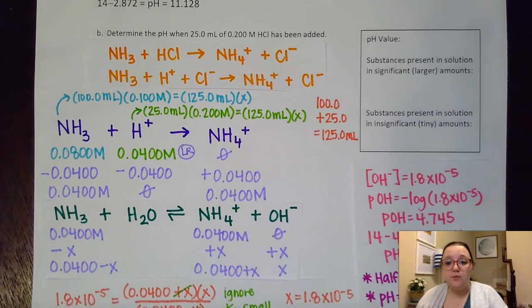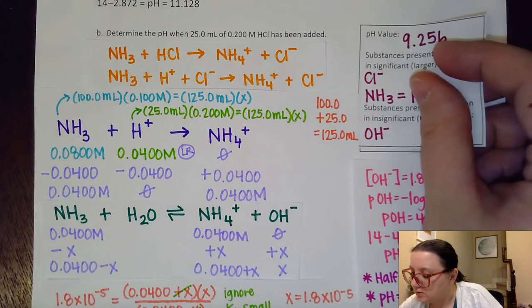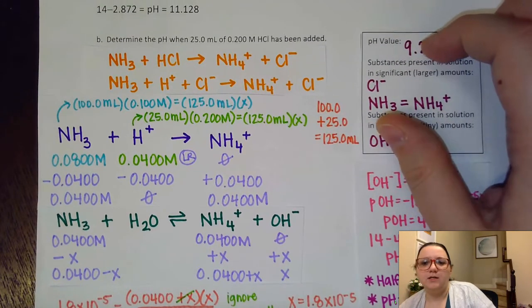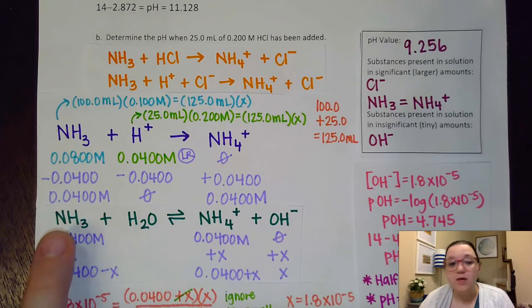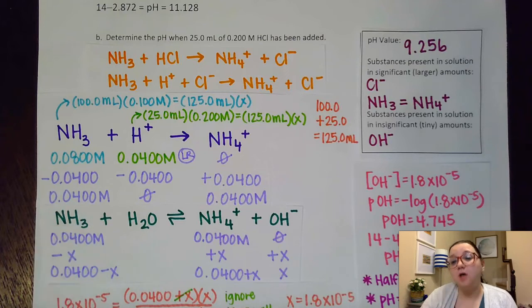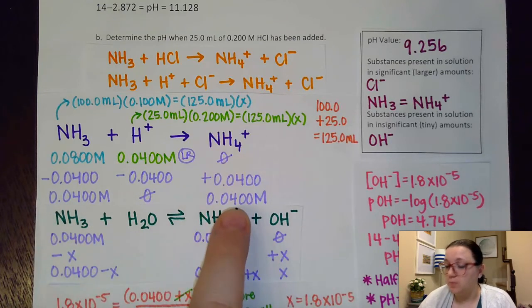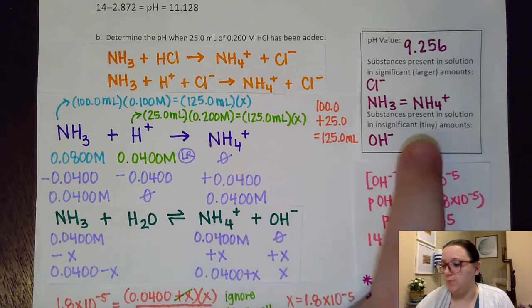So obviously we know our pH. Let's talk about the substances present in the solution. So we're going to have chloride ion present, which we know is our spectator ion. I'm also, in a significant amount, going to have both ammonia, our NH3, our weak base, along with its conjugate acid, the NH4 plus 1, the ammonium polyatomic ion.